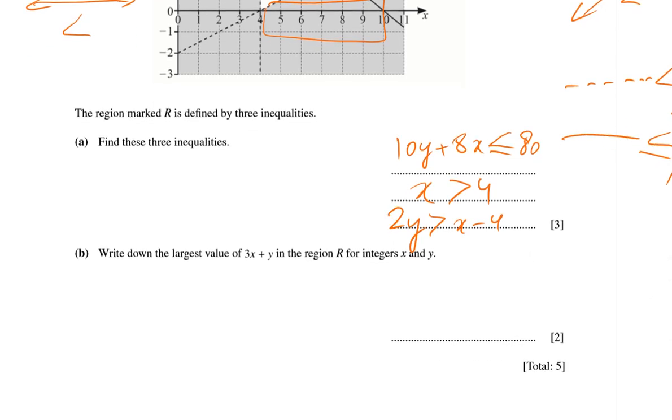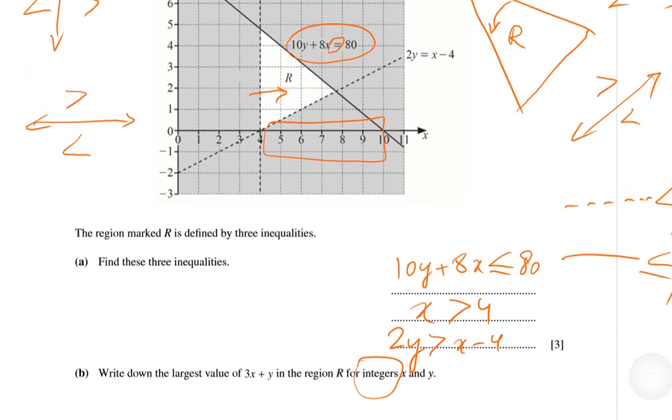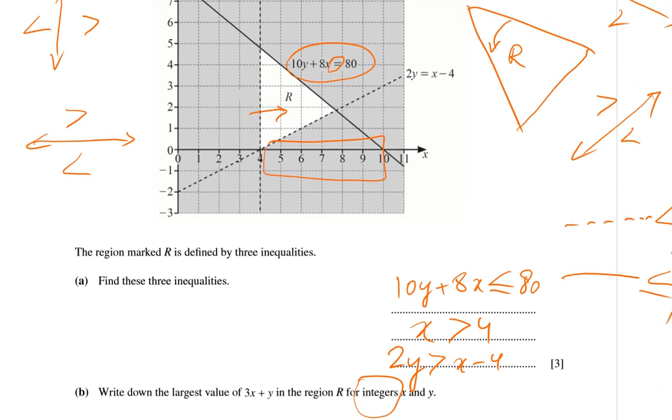Write down the largest value of 3x plus y in the region R for the integer values. The integers do not include fractions or decimals. So for 3x plus y, I want the largest possible value. I cannot take this value for the highest x.